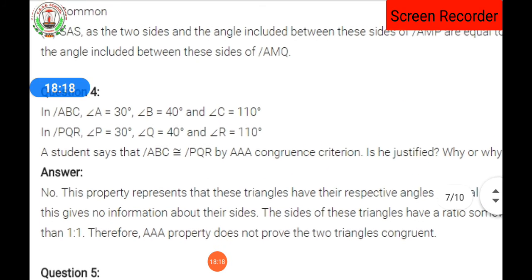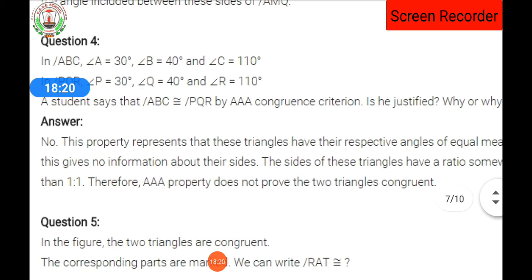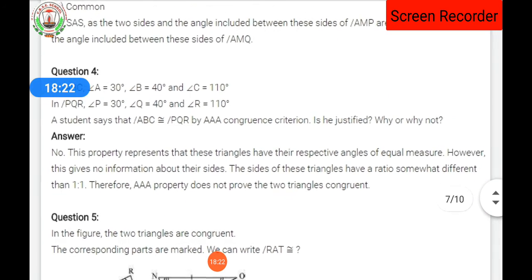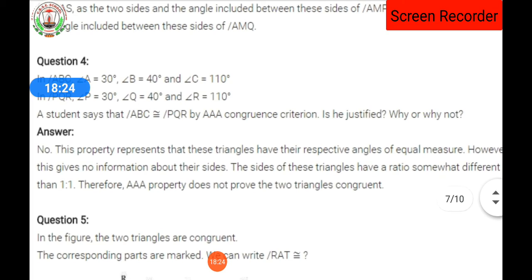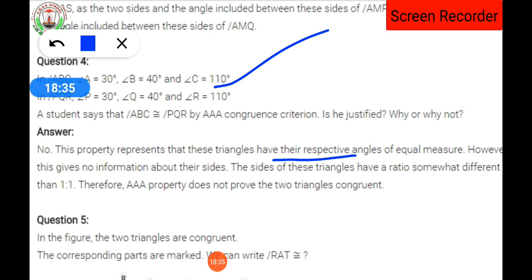So what does the teacher reply to his student? No, this property represents that this triangle has three respective angles, isn't it? Obviously it shows three respective angles of equal measure. However, the given data gives no information about their sides.